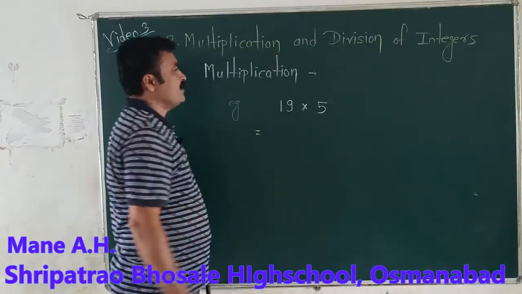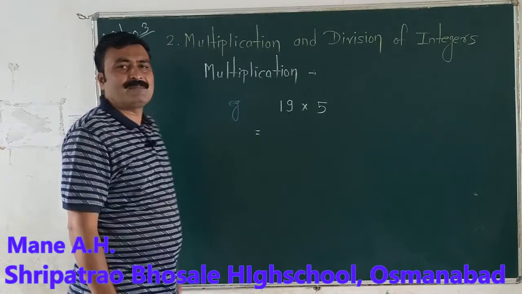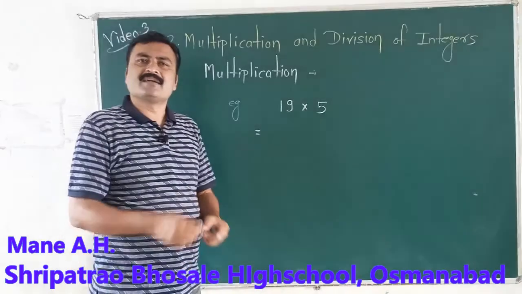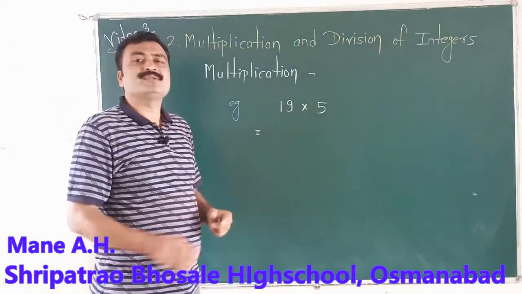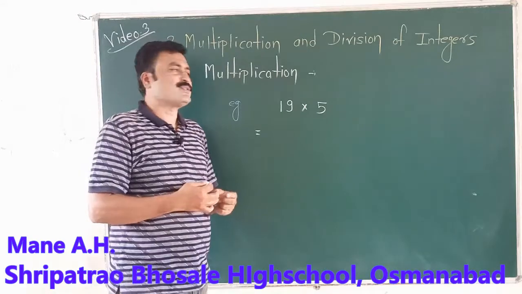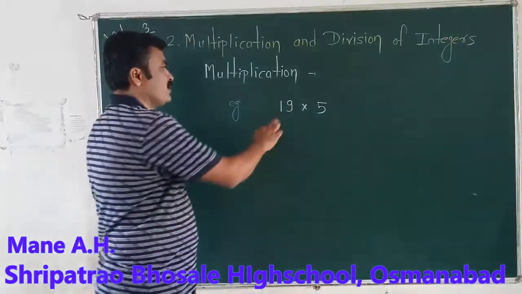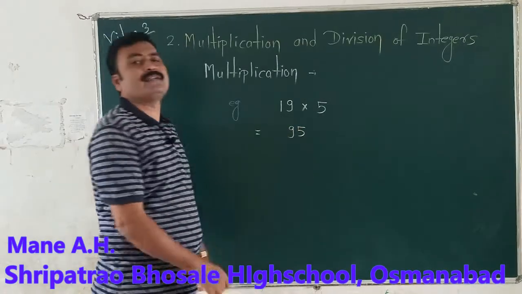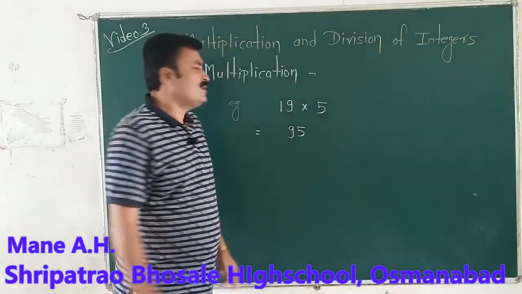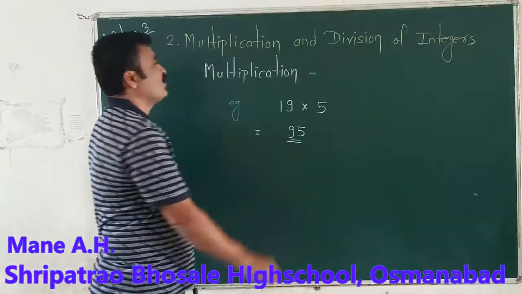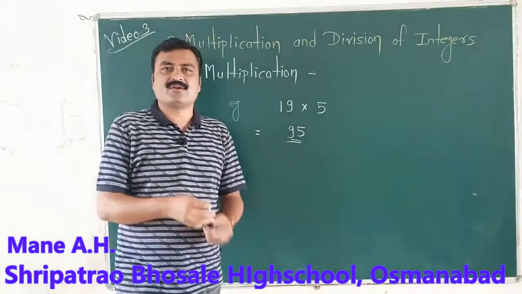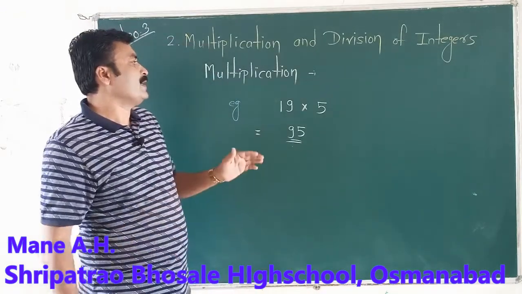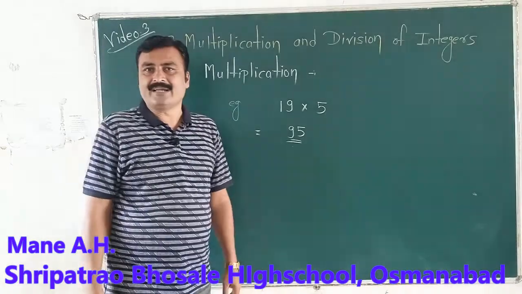Up to 5th standard we learned how to multiply these two numbers. 19 is called the multiplicand, 5 is known as the multiplier. If you take the product of these two numbers, 19 fives are 95. Now this 95 is called the product, that is the answer of multiplication. Such information we completed up to 5th standard.